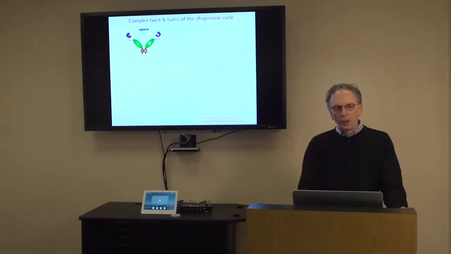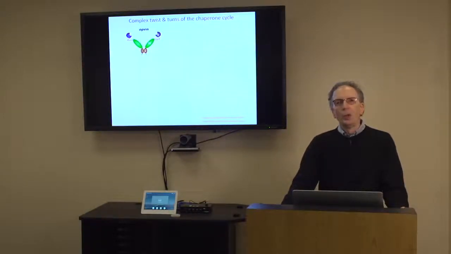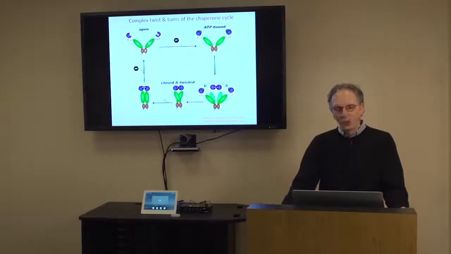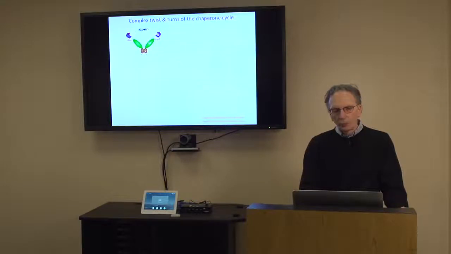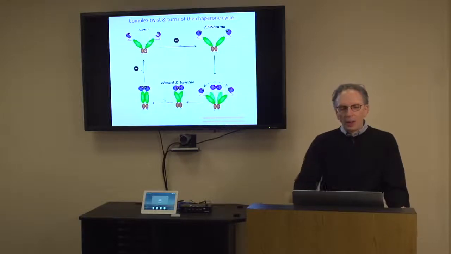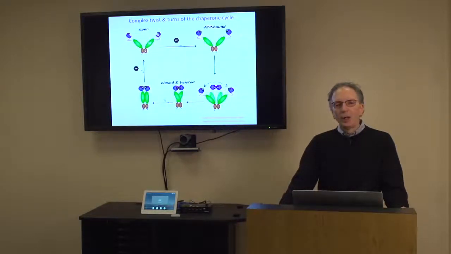So when HSP90, which is a dimer, exists in the absence of nucleotide, it's considered to be in what's called an open conformation, where the N-terminal domains are undimerized, as shown here. In the presence of ATP, the N-terminal domains close, a number of conformational changes occur, and ATP binding and hydrolysis is important for driving this conformational cycle.